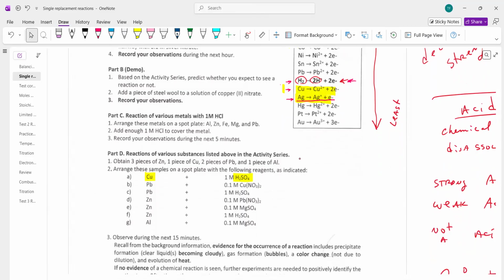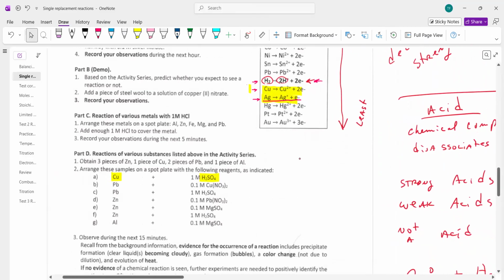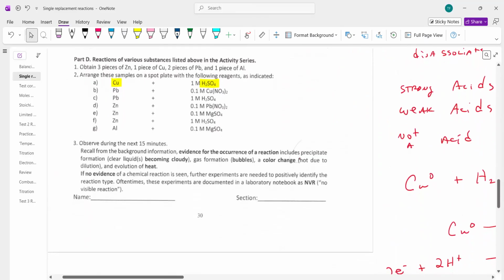Now, you'll notice sulfuric acid is in there, H2SO4. Now, it says to give 15 minutes for the reaction to happen. Some of them it'll happen like that. Others will take a while.